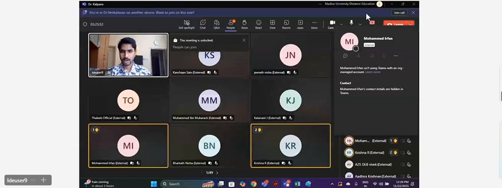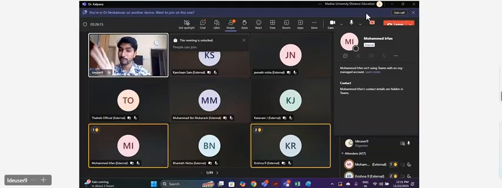People write the examination and the highest mark is 95 out of 100. Now this 95 is captured by 3 people. 3 people in the class have got 95.